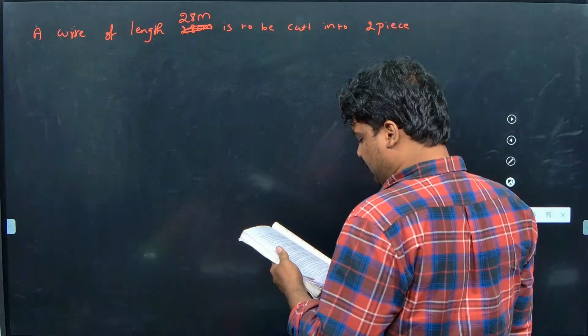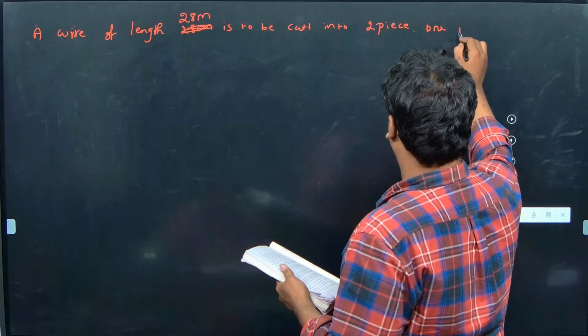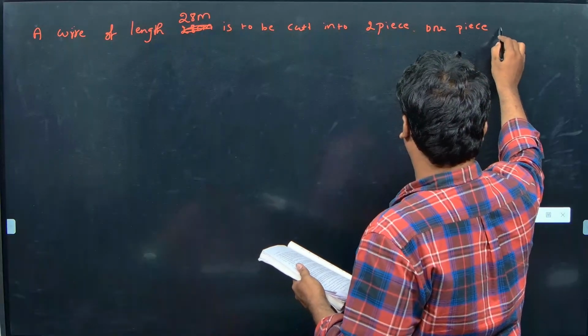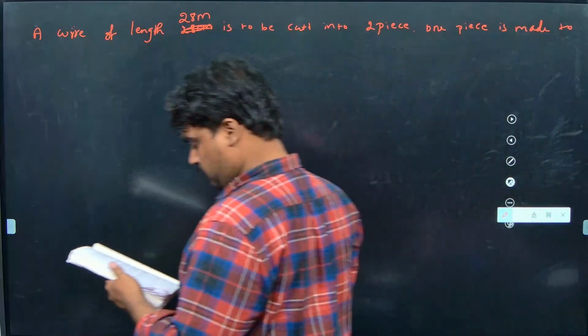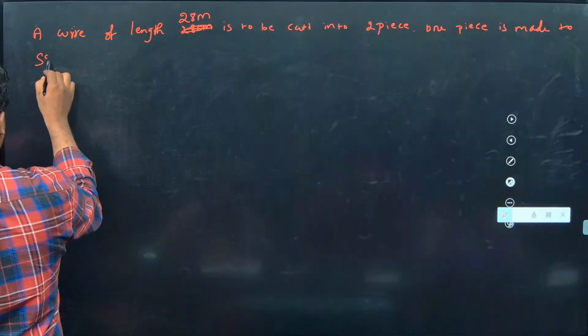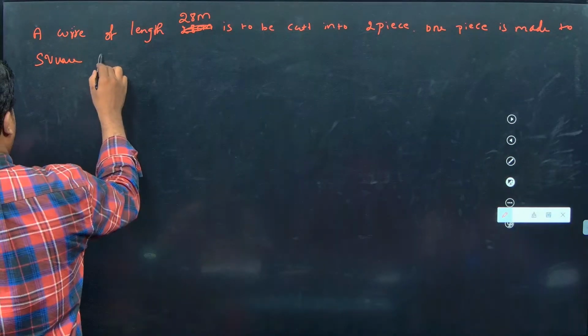One piece is made into a square and the other into a circle.